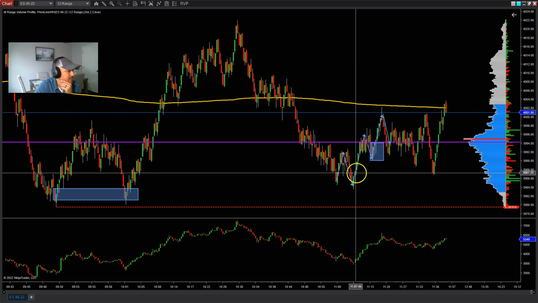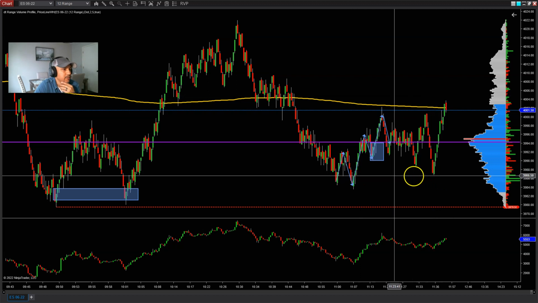It bounced off this area. Demand sitting right here, pushed up higher.